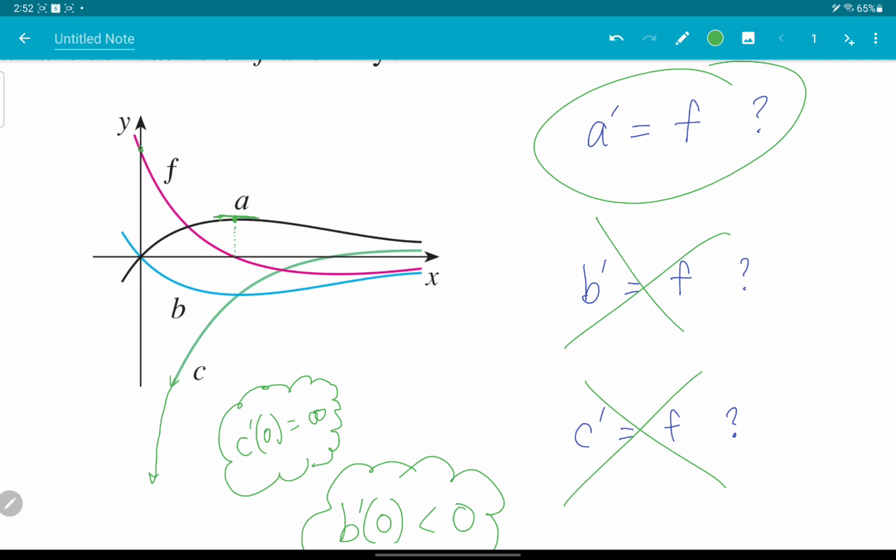So a prime right here would be 0, and f is also 0 there. Over here, the slope of a is negative, and here we see that the function f is negative as well. So that one makes sense, and the other two do not.